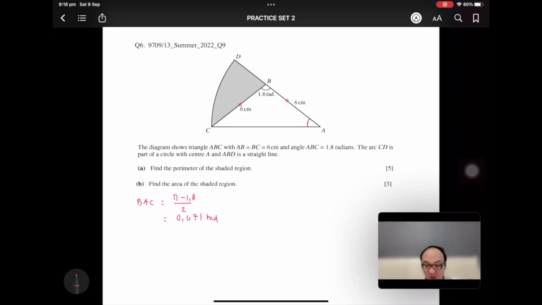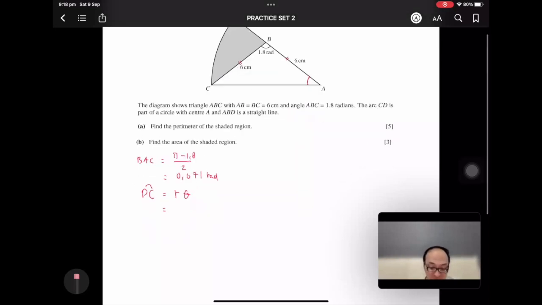And from that, we can find the length of arc DC. You see the formula, r theta. So the radius is AC and AD, but we don't know yet. So we have to find AC first.